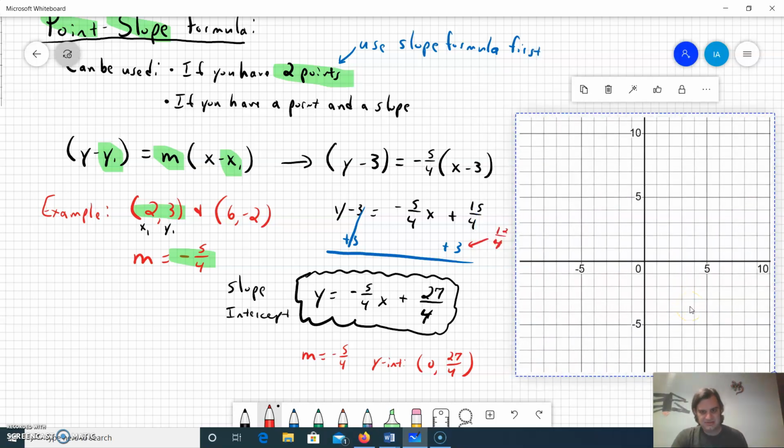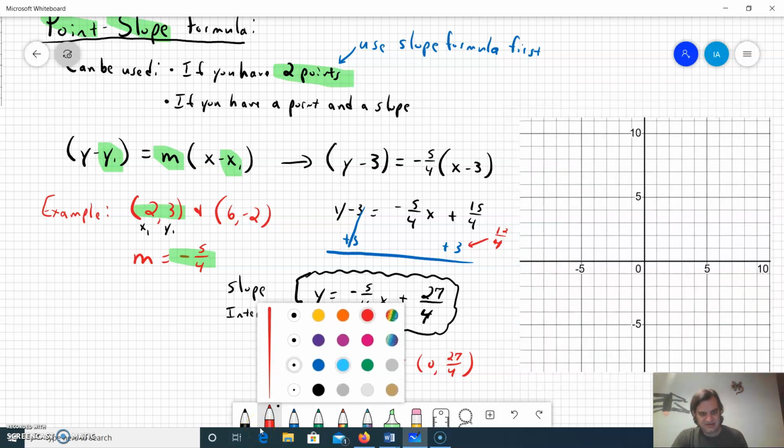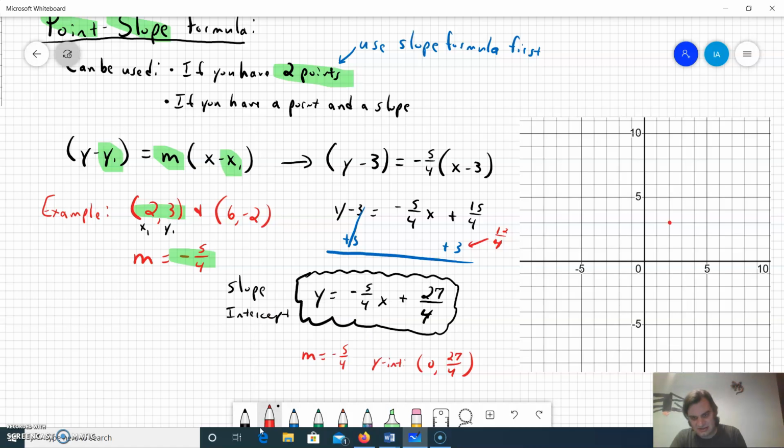So we had 2 points. Let's try and put everything we know together. We had (2, 3) and we had (6, negative 2). And that gives us a slope of negative 5/4, as we've already seen. 27/4. 27 divided by 4 is almost 7.